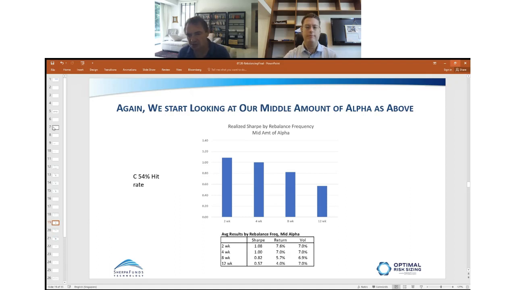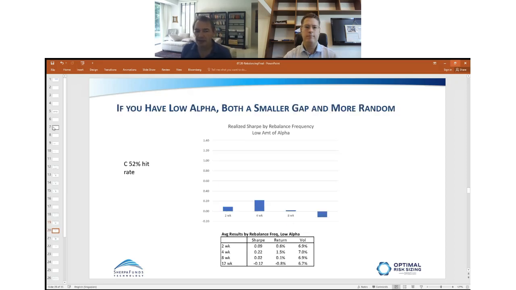With the transaction cost set at 25 basis points and the 54% hit rate, remember that our optimal rebalance is 2 weeks. If our hit rate drops to 52%, the first thing to notice is that you have much more randomness in outcome, because you haven't got as many things that pay you off.